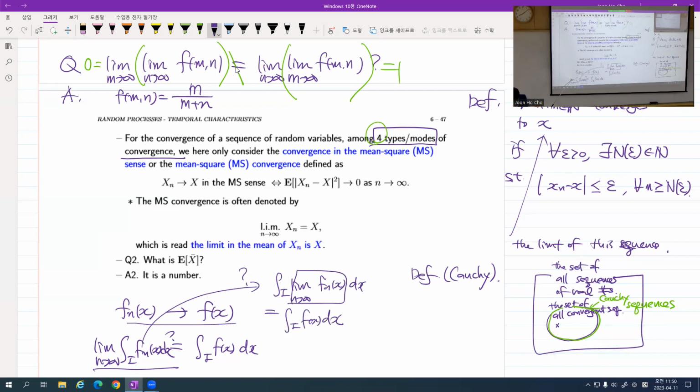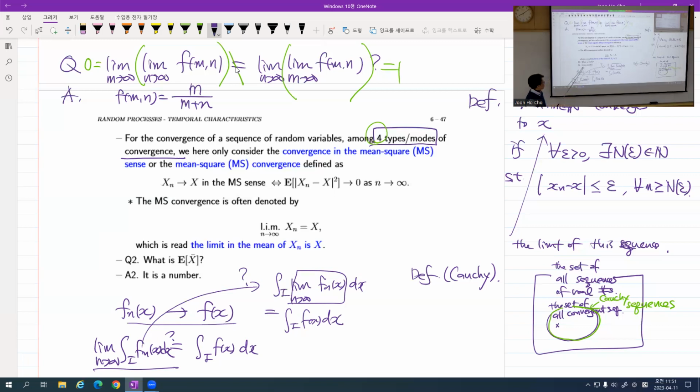This is very dangerous. So in general, you cannot change the order. I asked you whether they are the same, and the question is equivalent to asking whether you can change this limit and that limit. Because this is simply the same as this one. Got it?